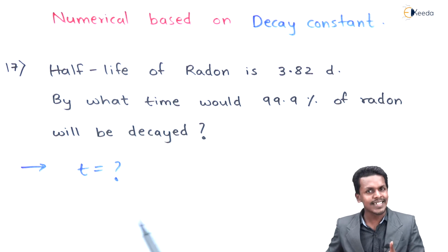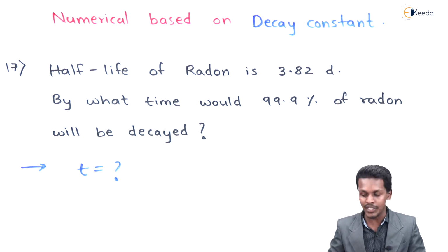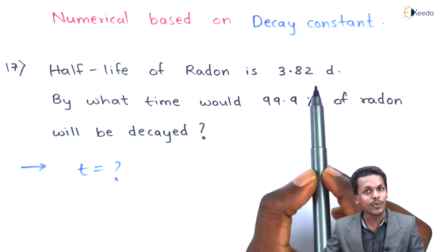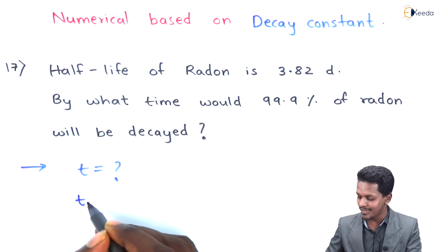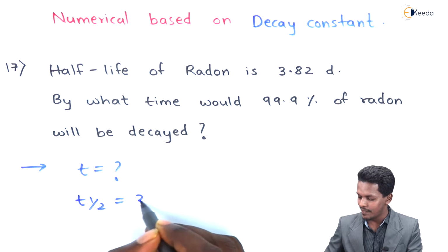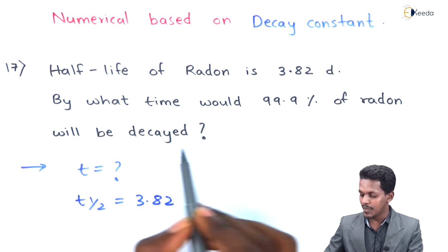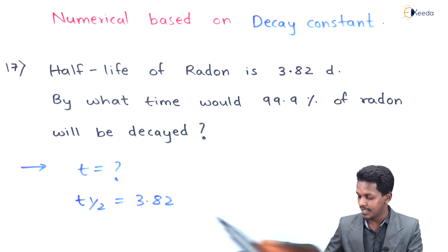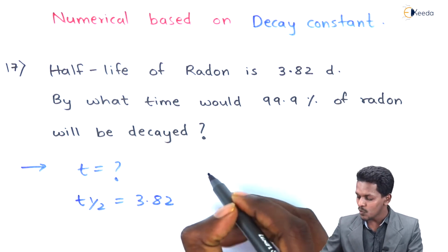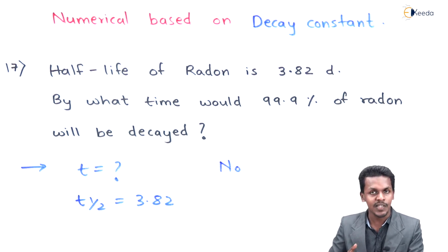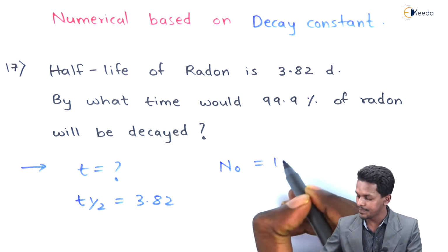Let us understand what data has been given in this question. First of all, the half-life for radon is given as 3.82 days, so I could write T half is equal to 3.82 days. And here they require the time, that is T. Suppose we consider the initial amount of radon as 100%.